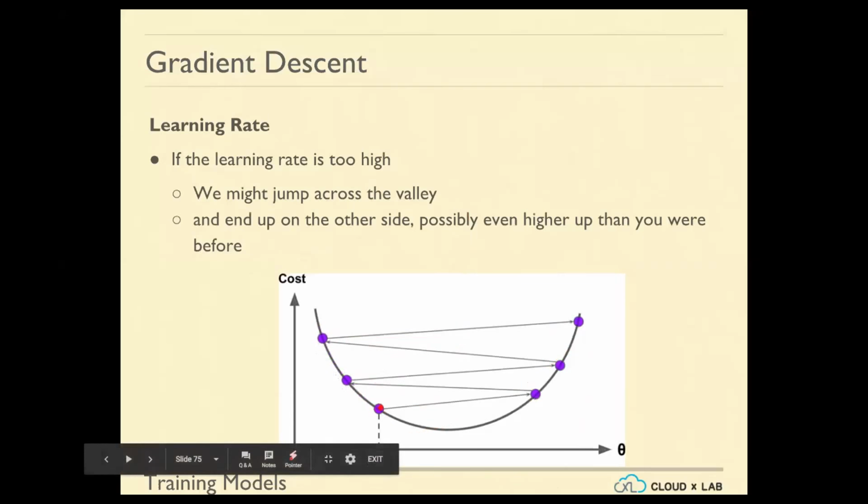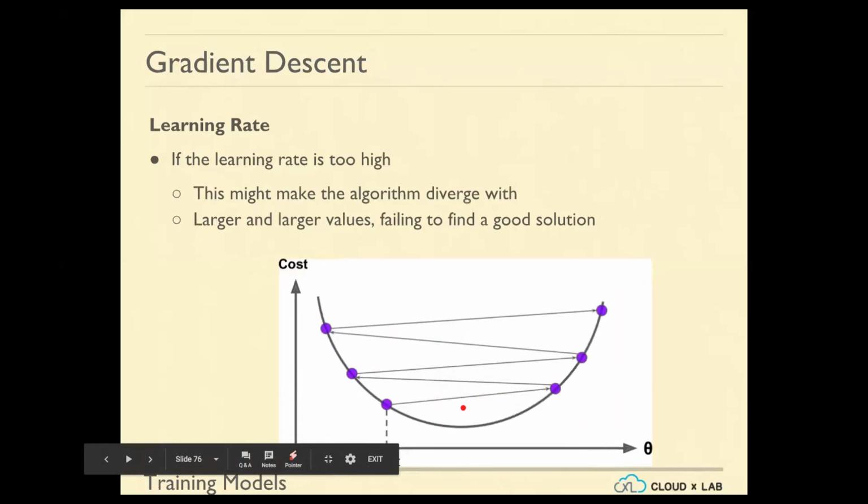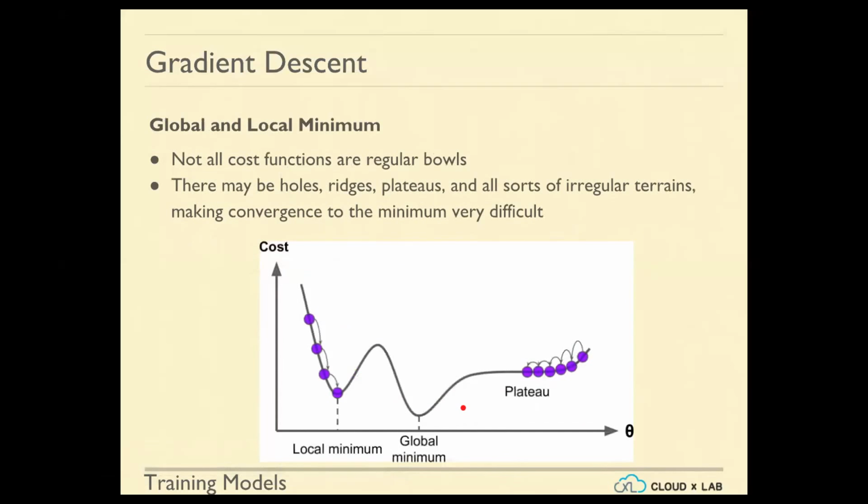Or let's say we were at this starting point and we were taking huge steps, so we might go here, then here, and we'll never converge. So the learning rate has to be small, but not too small.